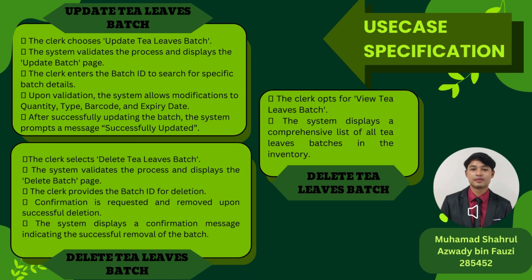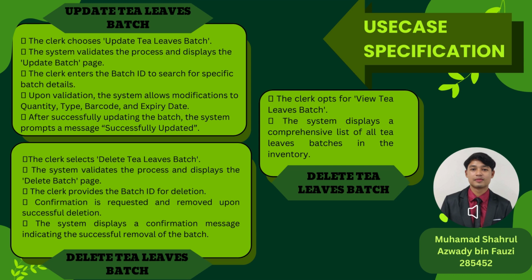And we move to the next, which is the update tea leaf batch phase. The clerk chooses update tea leaf batch, and the system validates the process. Then the system will display the update batch page. The clerk needs to enter the batch ID to search the tea leaf batch detail to update.